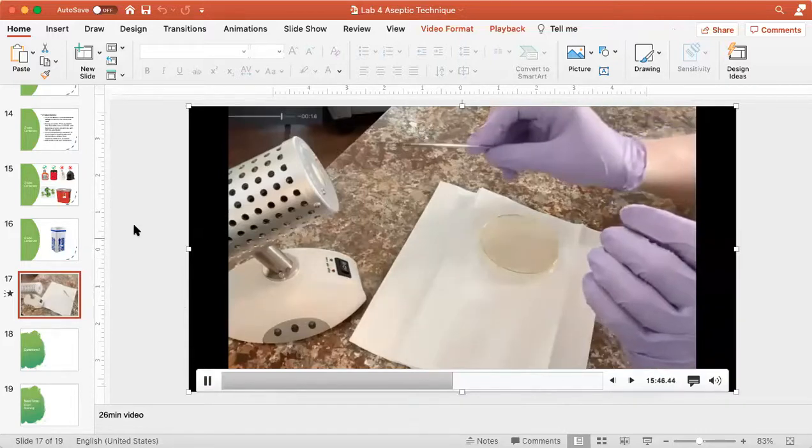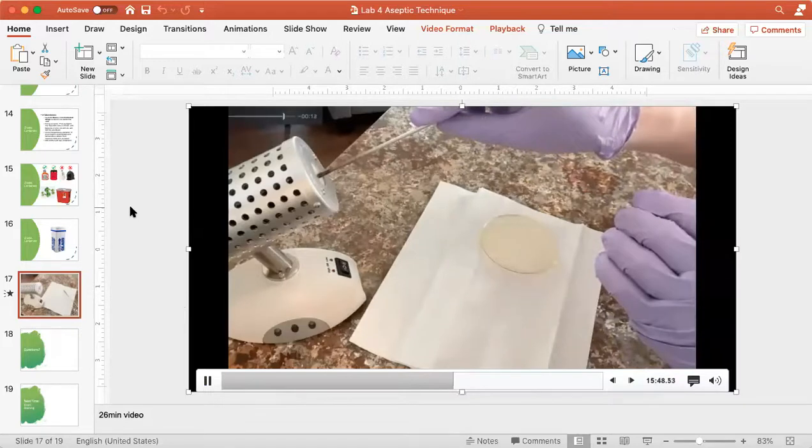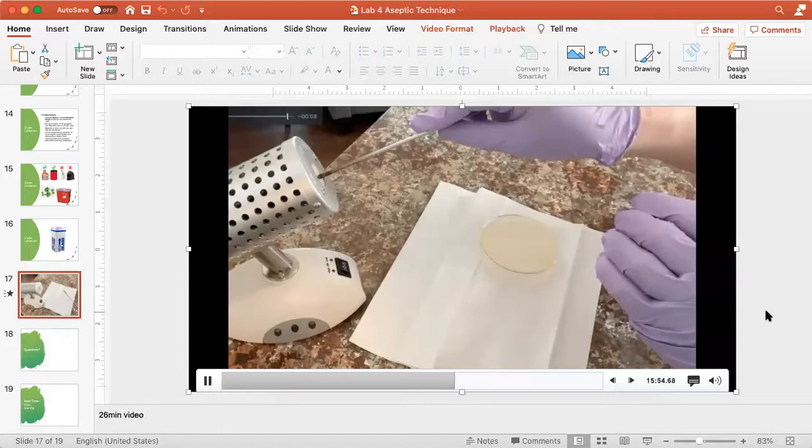I'm going to take my loop. Remember, incinerate, sterilize, get rid of those cells. So essentially what I've done is I took a bunch of cells out of the culture tube, the broth, and I placed them onto the first place that I hit on that agar.